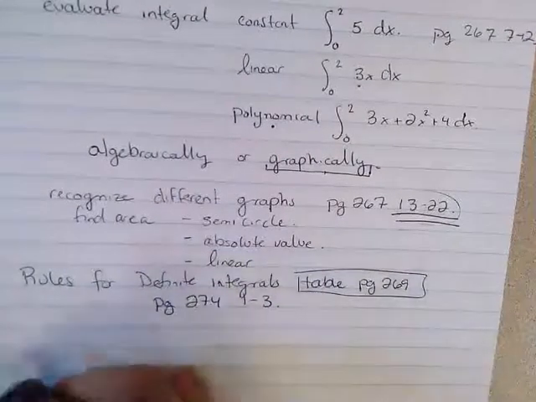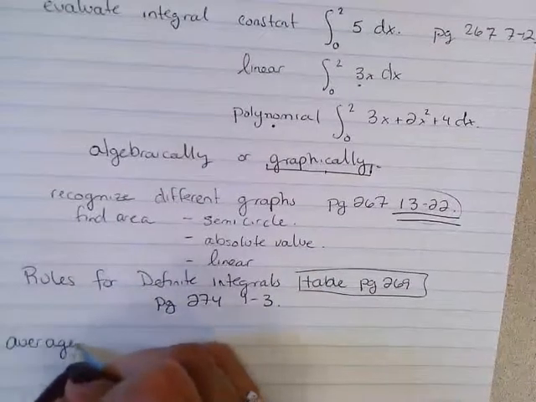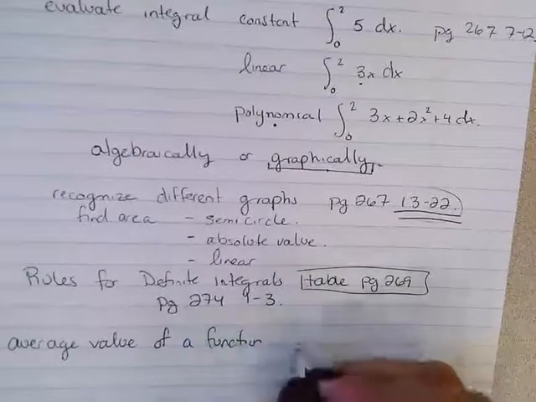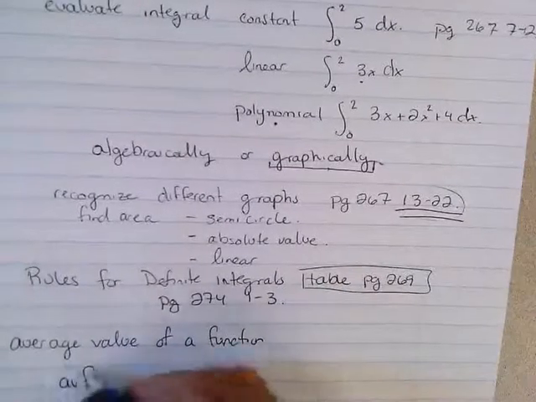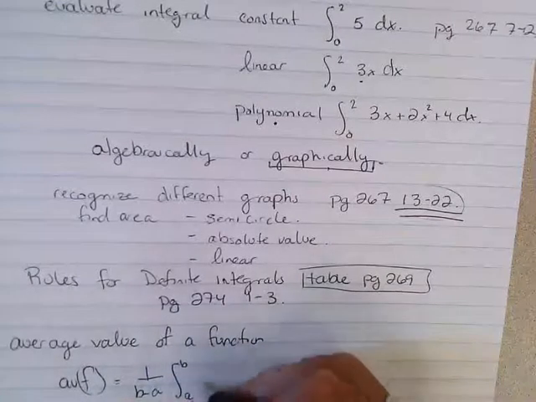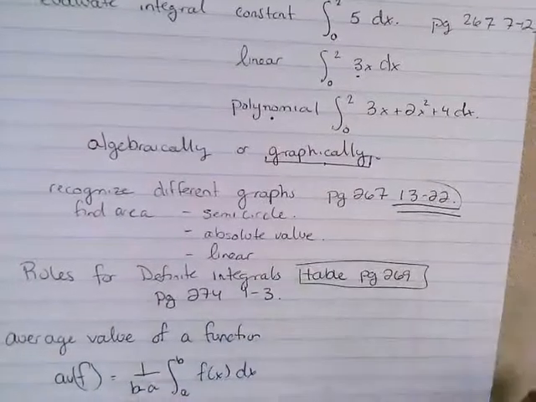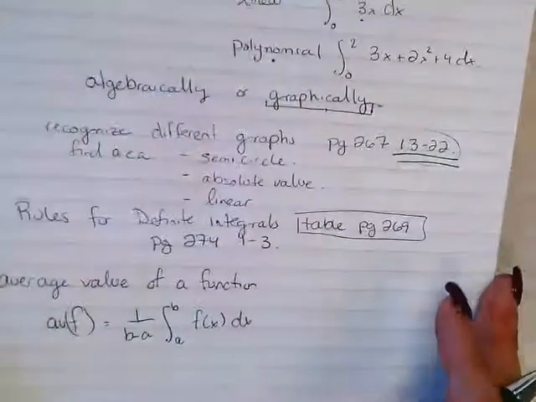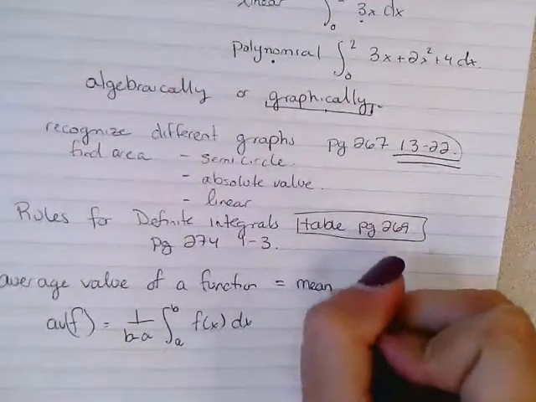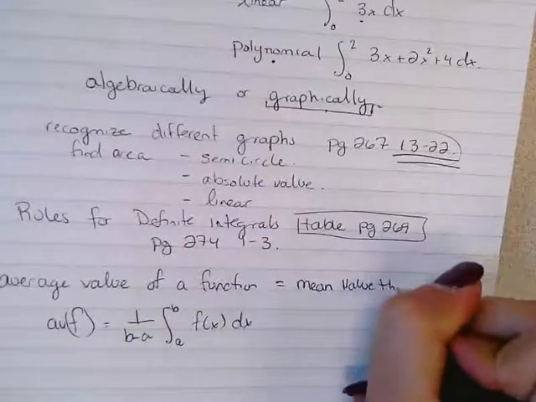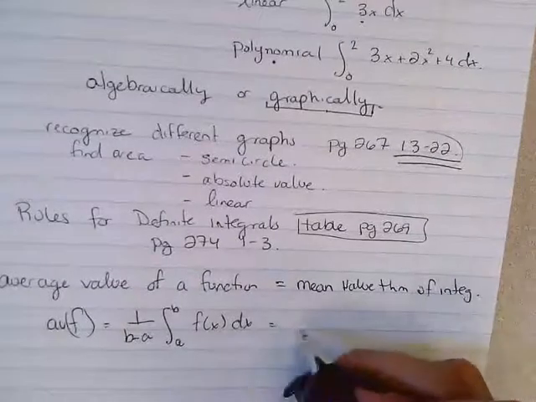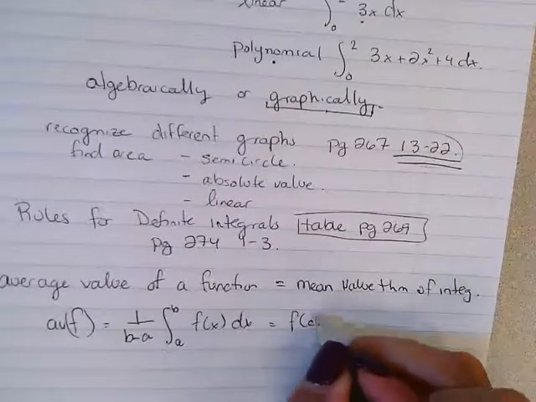The average value of a function, which was the average of f on [a, b], is equal to 1 over b minus a of the integral from a to b of f of x dx. And remembering that that is equal to the mean value theorem of integrals, which basically is equal to f of c.